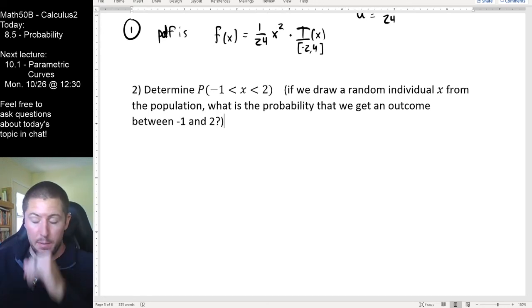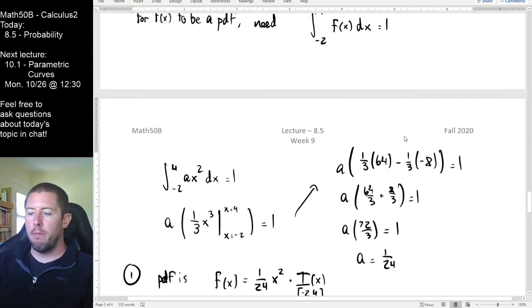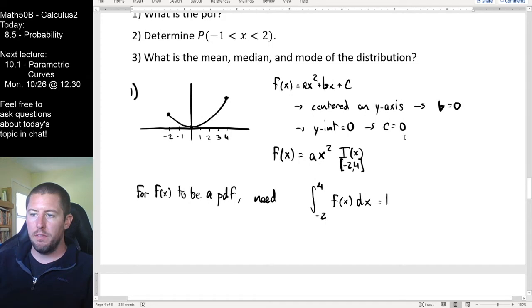Right? There's just a probability statement right here. Now, let's go ahead and estimate this real quick here. Do we think we're going to need a lot of probability or a little bit of probability? We're looking at between -1 and +2.